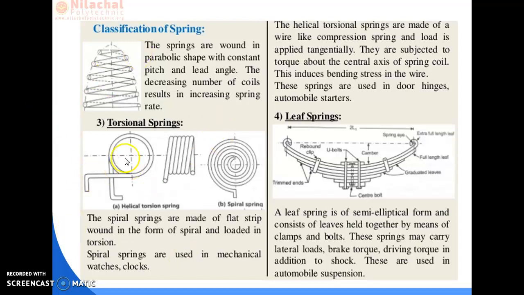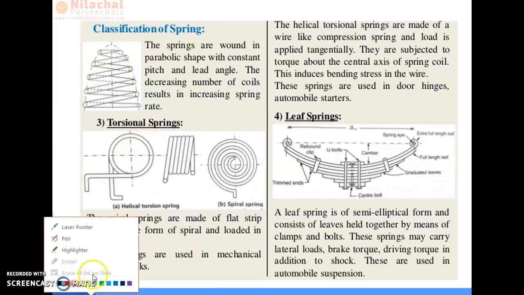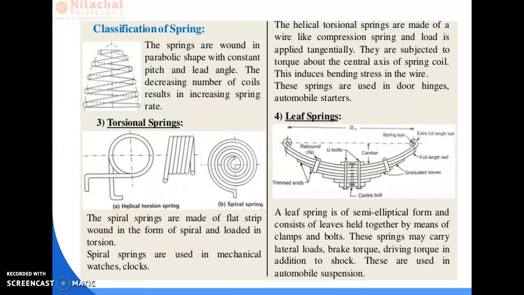Next comes another type of spring, the torsional spring. The torsional spring is the spiral type of spring, made of a flat strip wound in the form of a spiral and loaded in torsion. Sometimes we transmit power from one point to another, and during that time we wind the spring upon the shaft to decrease the vibration produced during the torsion of the shaft.